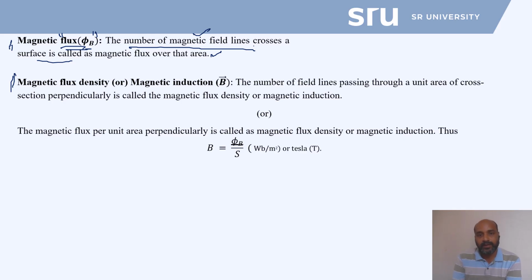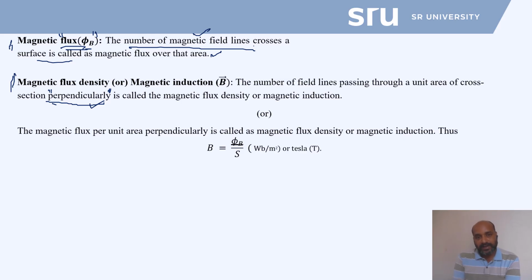Of course, the entire definition will be the same, but here we are adding a particular condition, which is perpendicularity. It is the number of magnetic field lines passing through the unit area, but of course those field lines must pass through that unit area perpendicularly. So only the perpendicular components of the magnetic field lines we should consider to measure the flux density.